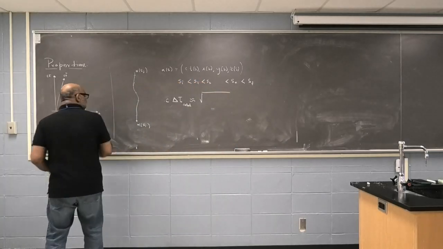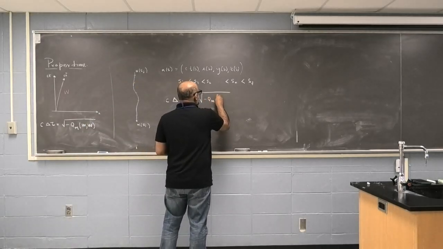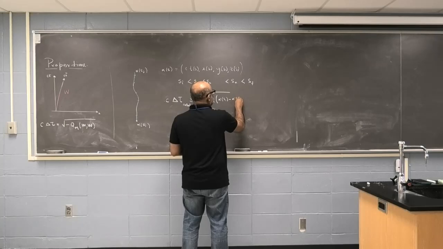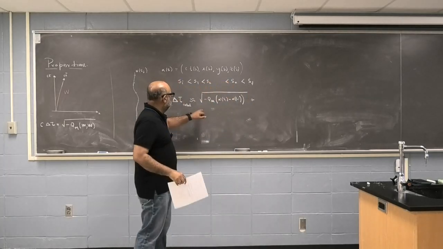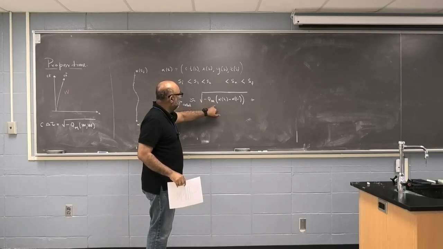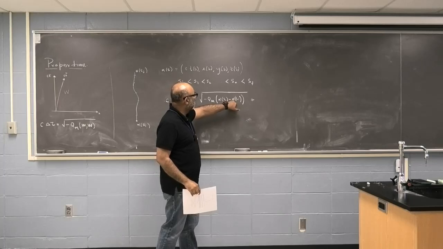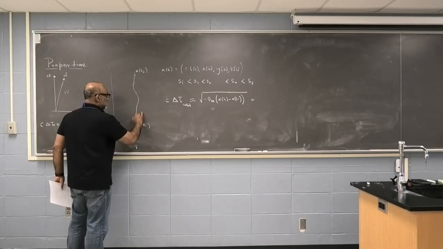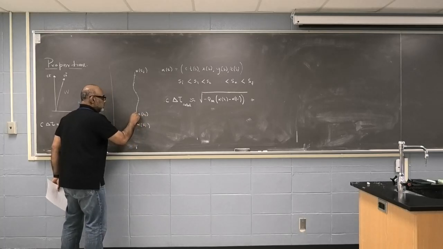I just described this yesterday. So it's minus q m of alpha s_1 minus alpha s_i. I'm going to read this out loud: minus q m evaluated on the vector alpha s_1 minus alpha s_i. So for example, this is alpha evaluated at s_1, so it's this vector, this arrow.